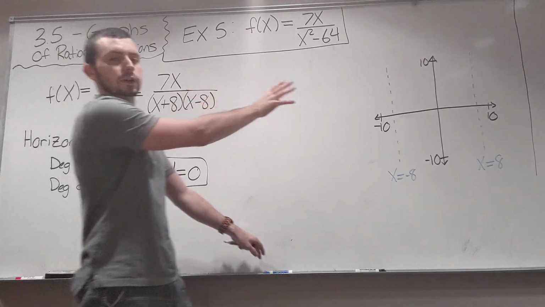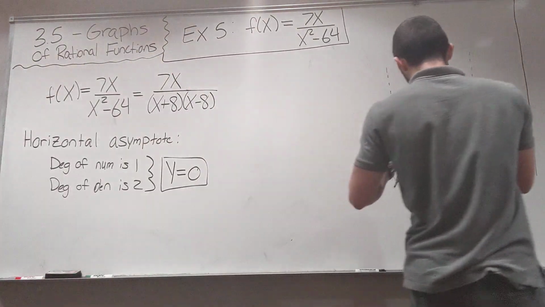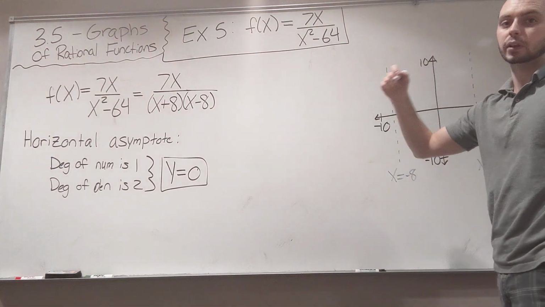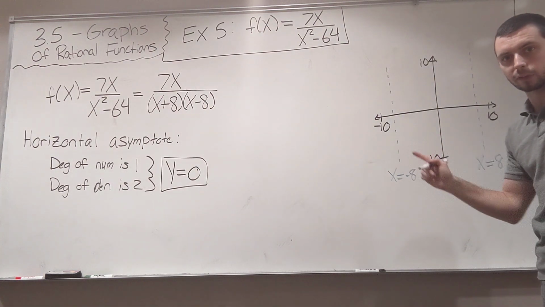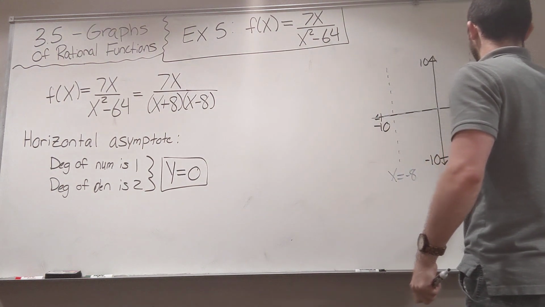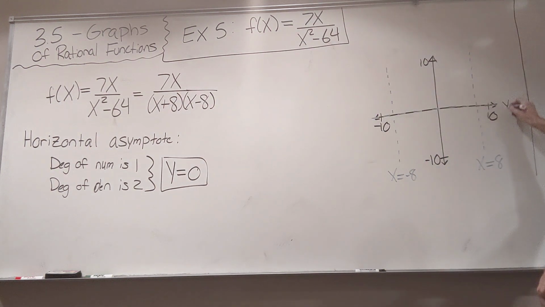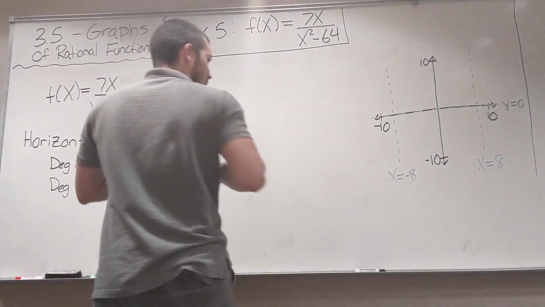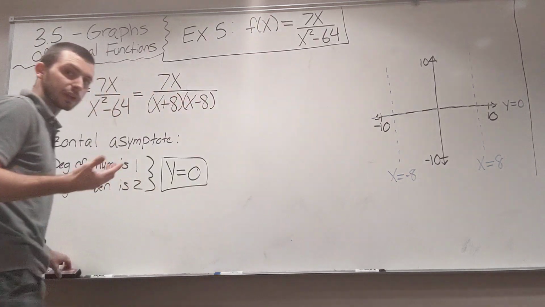So again, we can come over here to the graph and provide that information. So y is 0, that's a horizontal asymptote, so that tells you the orientation. It would be left to right. So we can add that, and we can move on to the intercepts.